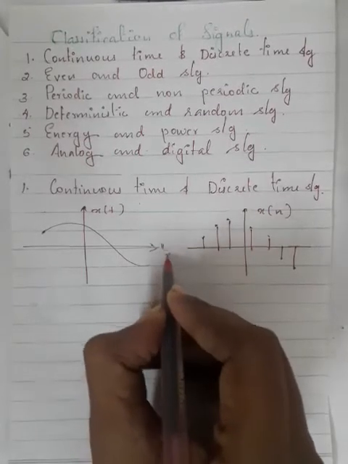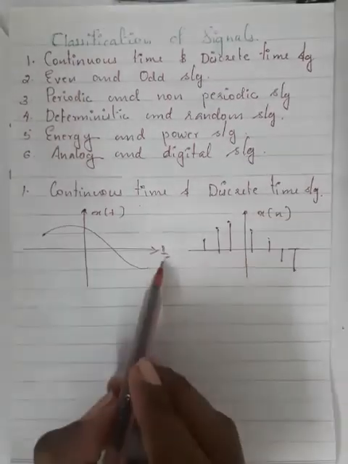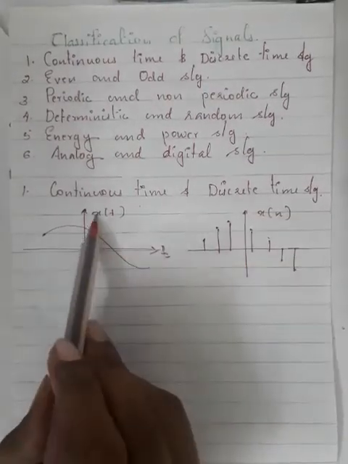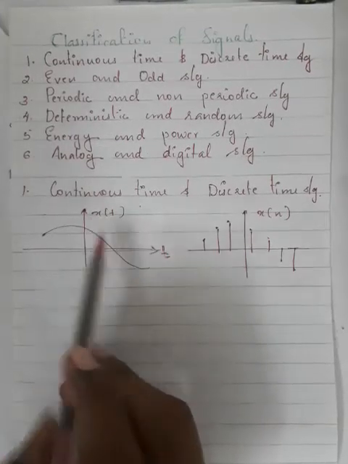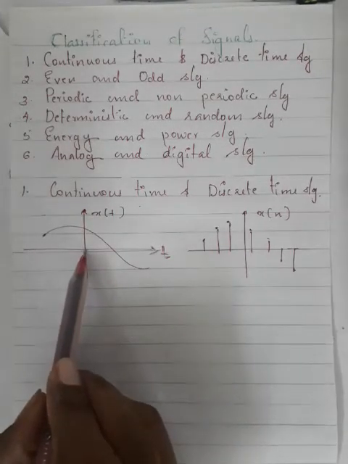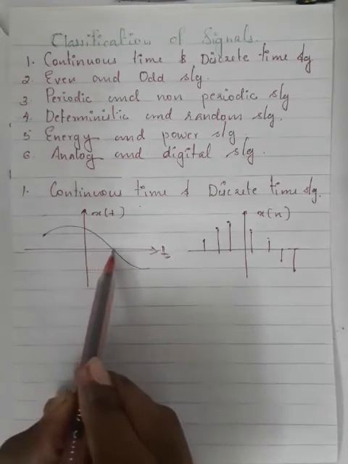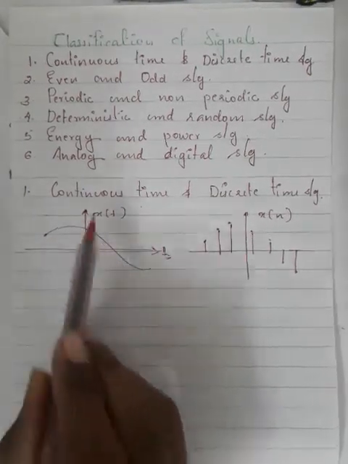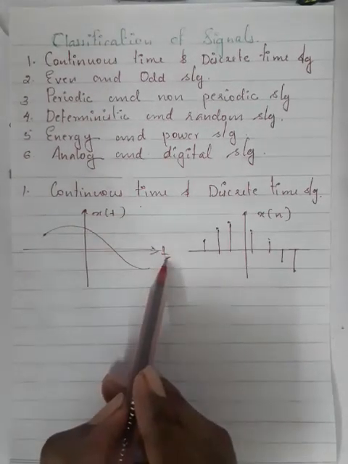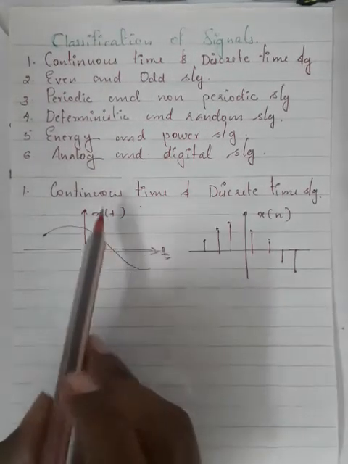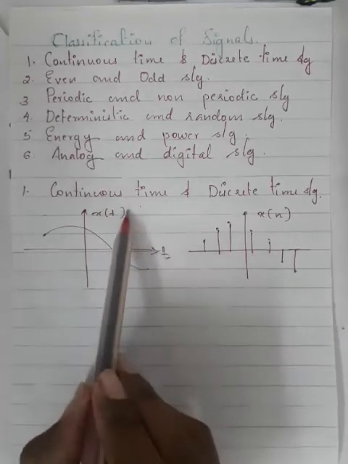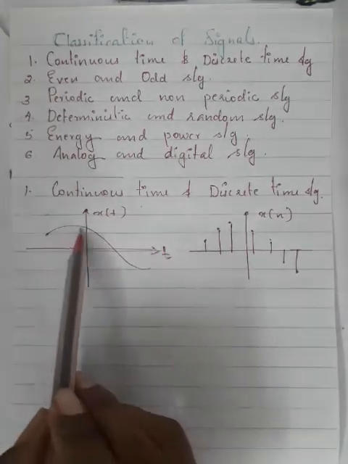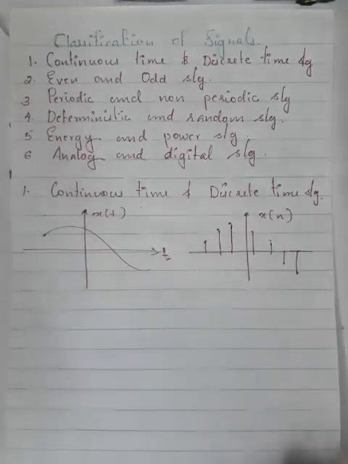This is time t. For every time t, we can see a signal x of t. That is, at each and every point of this time parameter, x of t is available for every value of t. That is why it is known as continuous time. That is, the function is continuously available for this parameter t or time.